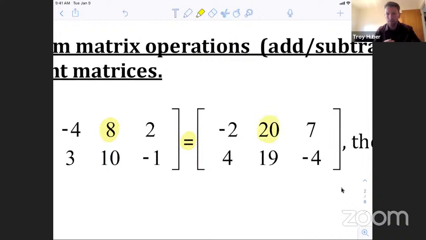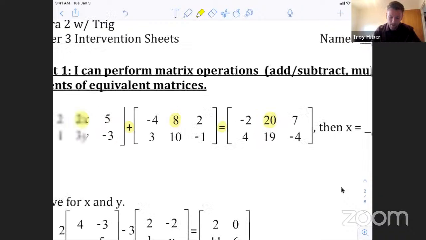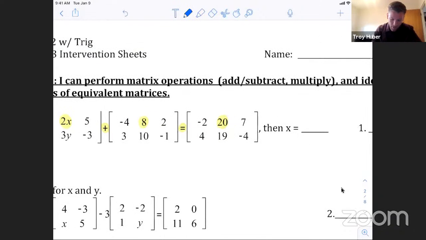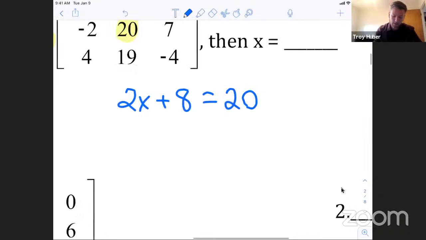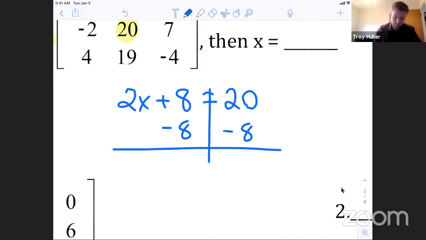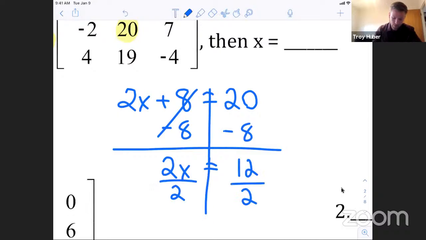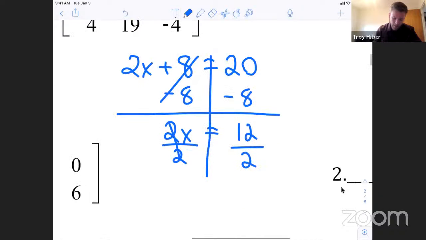They all line up, okay? They correspond. So in this one, I have 2x plus 8 is equal to 20. And now I just have to solve for x. So now it's just basic algebra. So I get 2x is equal to 12, and then I'll just divide each side by 2, and I get x is equal to 6.